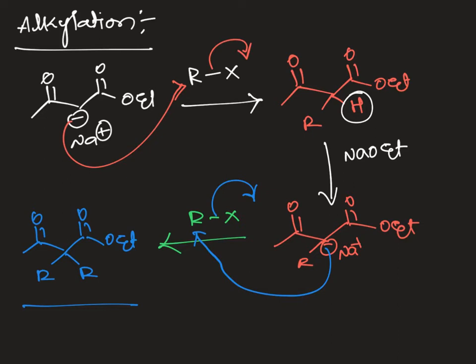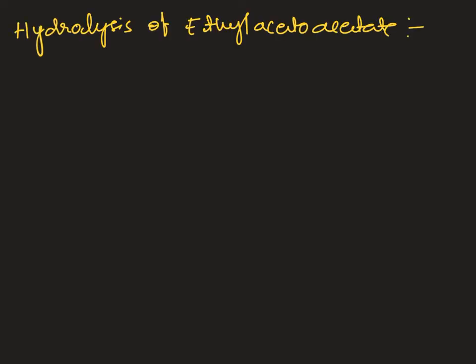Next, we are moving into hydrolysis of ethyl acetoacetate. In the presence of potassium hydroxide, the hydrolysis of ethyl acetoacetate occurs in two ways. One gives a ketone, another gives a carboxylic acid, and we can categorize these into two hydrolyses.